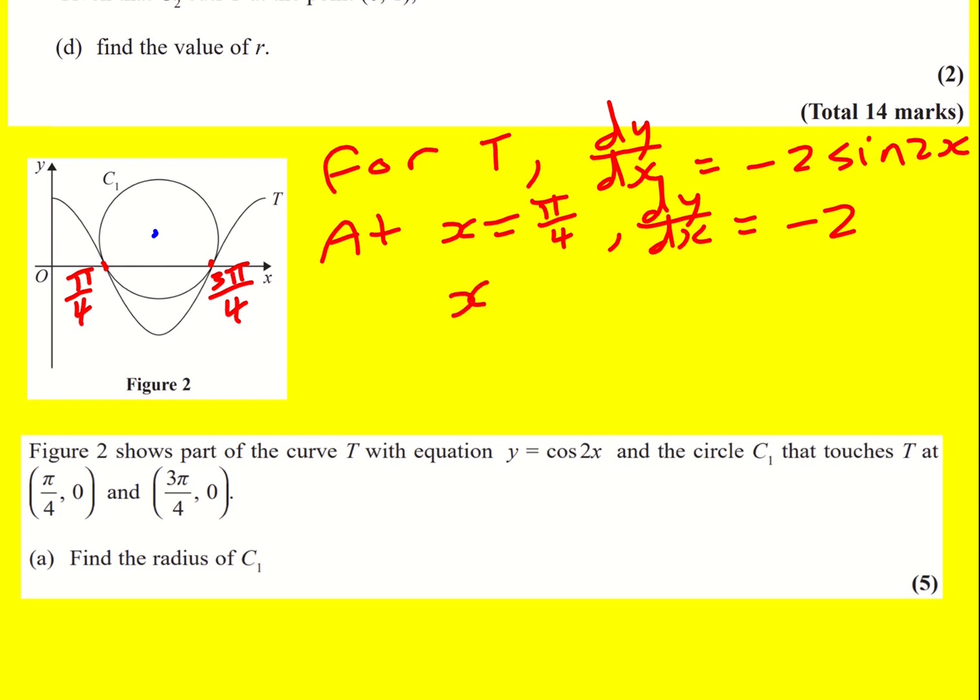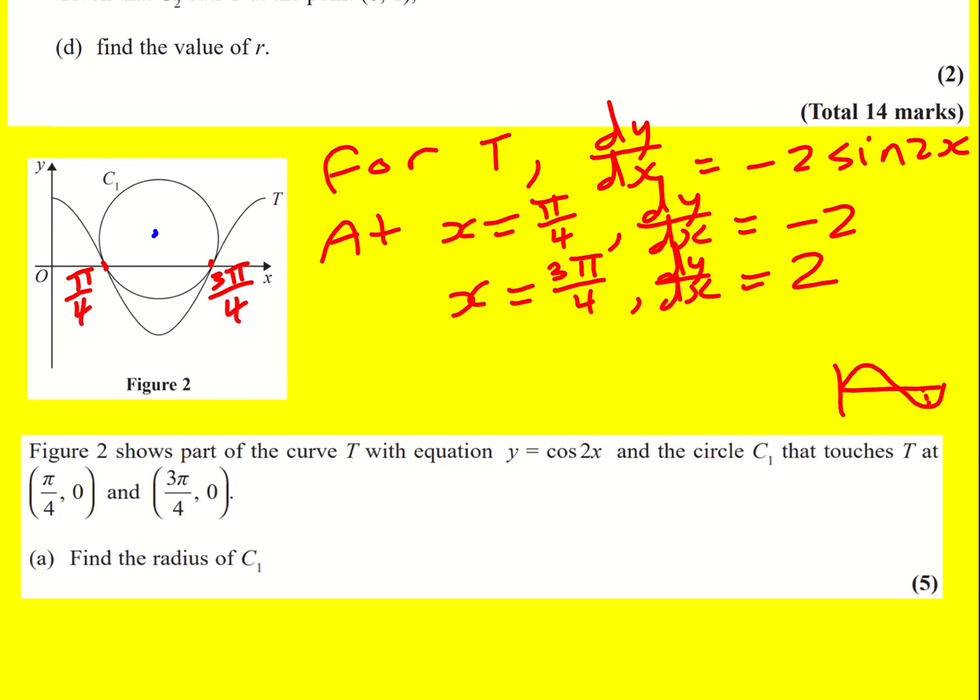And I could also work out the gradient at 3 pi over 4. This is going to be minus 2 times sine of 3 pi over 2, and that'll actually be minus 1, so I'll get 2 as my gradient. So I found the gradient at the 2 points.